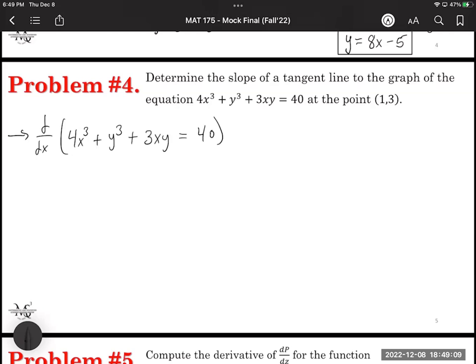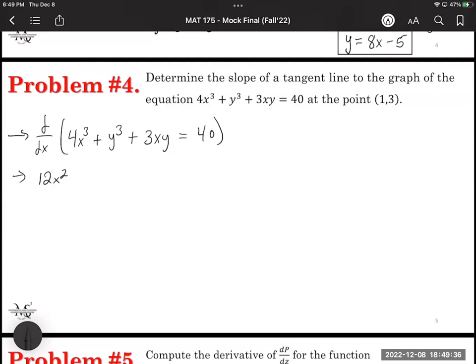All right, so walk me through this. What is the derivative of 4x cubed? 12x. Can't just say 12. It's 12 what? X to the power of... Yes, x squared. There you go. 12x squared. Now, what is the derivative of y cubed with respect to x?